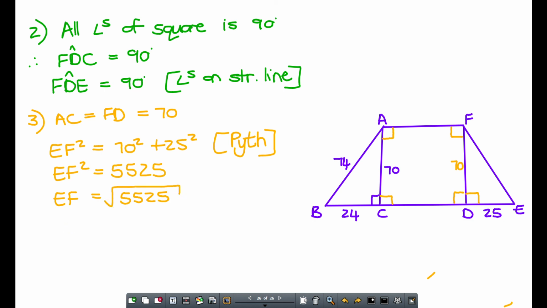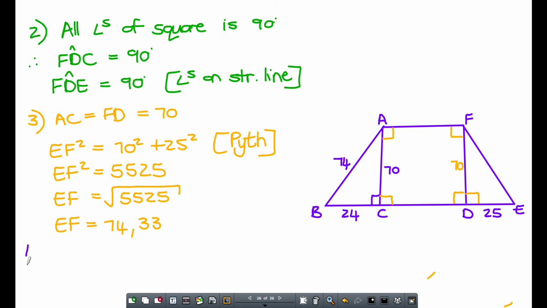EF gives me 74.3303437, but we always round it off to 2 decimals. So we look at the third one, and because that's a 0, what's going to happen with this 3? It's going to stay the same. So I could just take those away. If they don't say anything, then round off to 2.